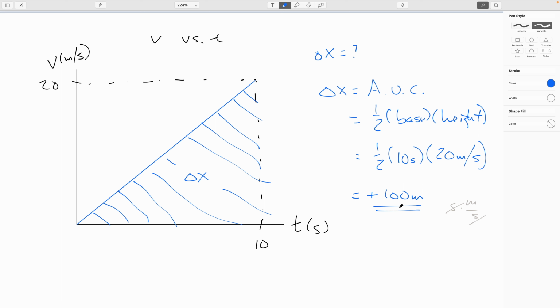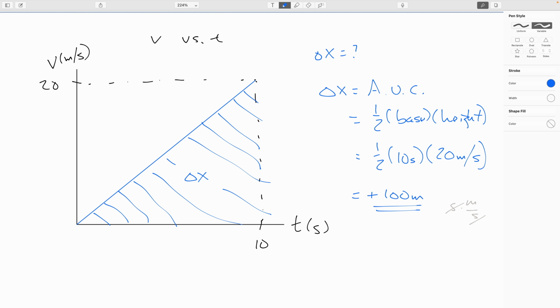Now, if you want, you could certainly go ahead and write a function for this. You could write that the velocity is equal to 2 meters per second times t and integrate it, but you're just integrating a line. This is easier here, at least for me.